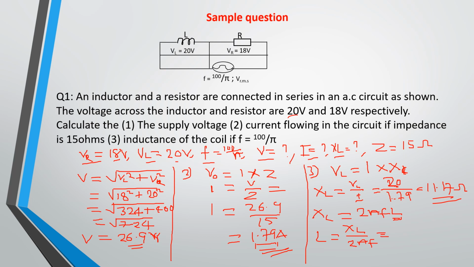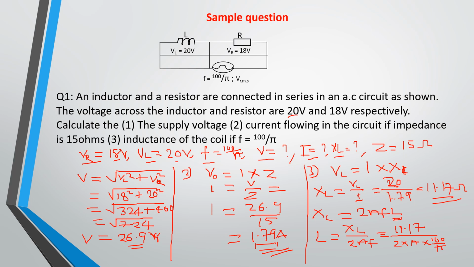So XL is equals to 11.17, all over 2 multiplied by pi multiplied by 100 over pi. That is the frequency.